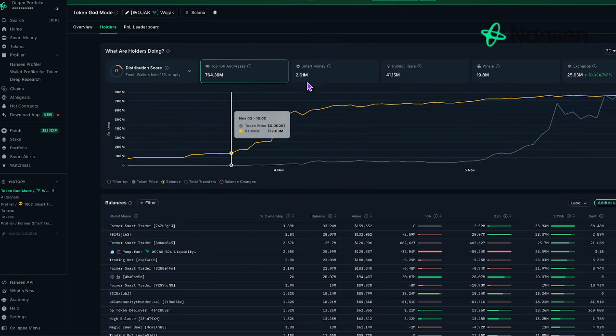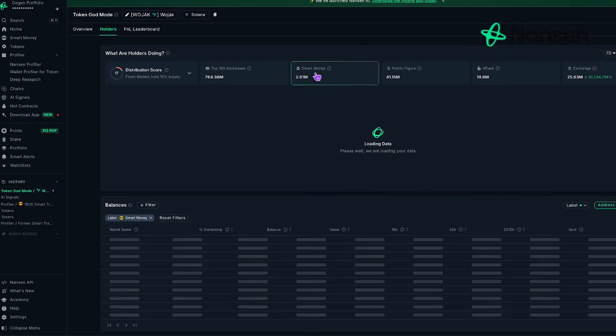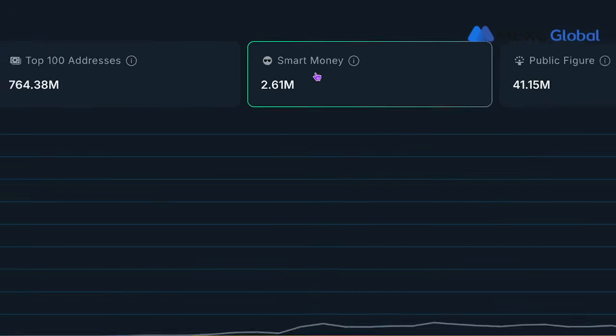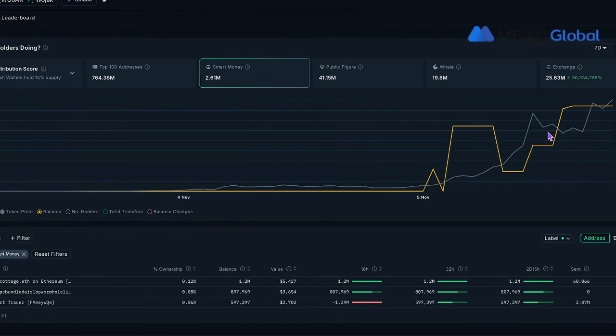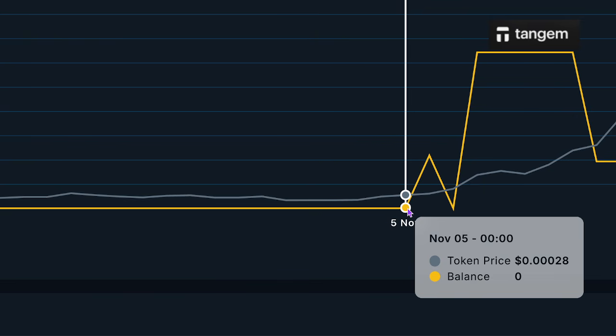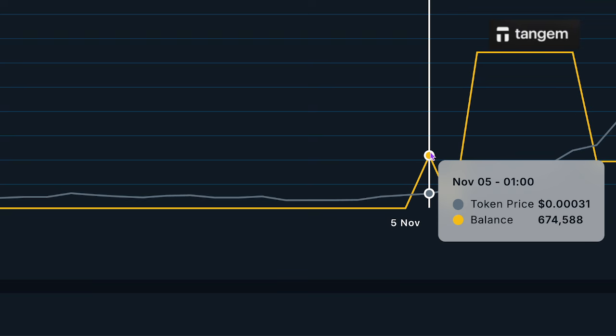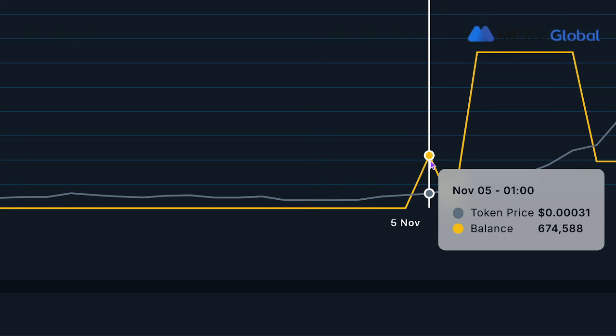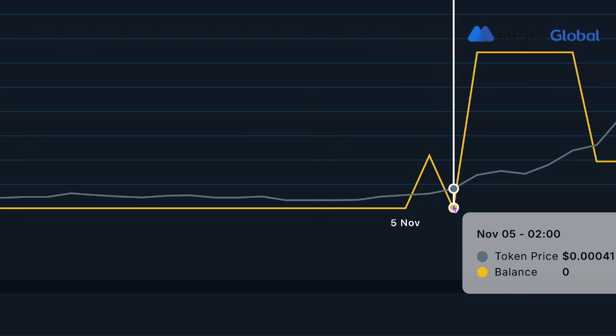But what else can we see? We got smart money here. There's 2.61 million held by Smart Wallet. But what we can also see is when Smart Wallet buys the balance, right? You can see here on the 5th of November, balance has gone up. Smart money has been accumulating. Then there's a bit of a sell-off here.